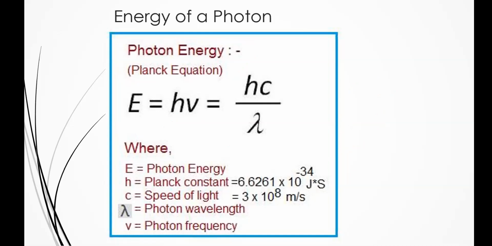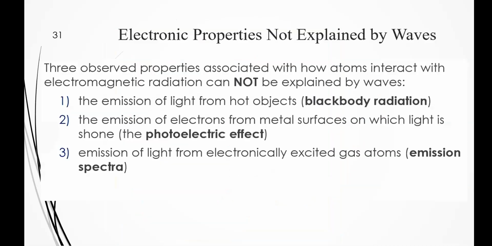Now, this is an important part. While we're using these energies and these equations, we're going to be able to use them to help us explain the behavior of electrons. Now, it doesn't explain everything. There are 3 different parts that aren't explained by the wave side of things for the electrons. They're covered here, and we'll talk a little bit more about them later.